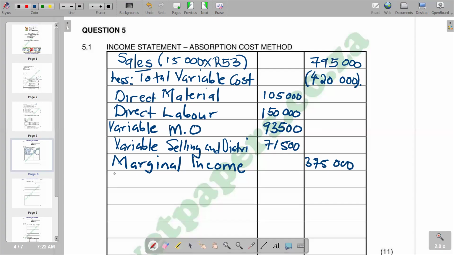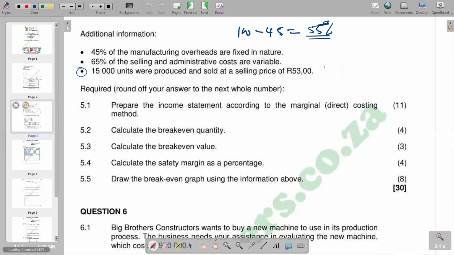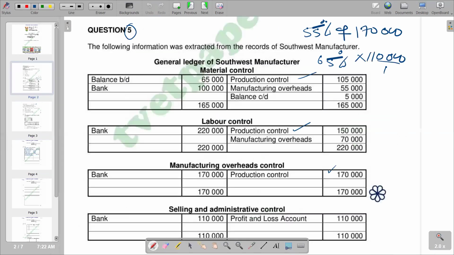So basically, we are going to say less total fixed cost. So we list the fixed cost that we have, but obviously we are going to first use the first point by saying 45% of manufacturing overheads are fixed. So basically, it's now clear.